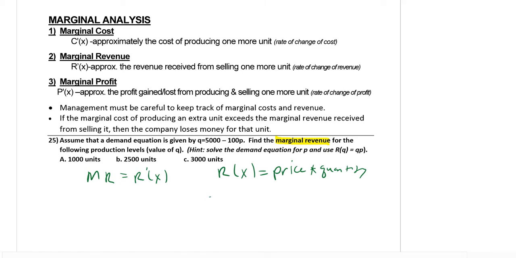It actually gives you a hint in the parentheses. Use R of Q. So Q would be my quantity, P would be my price. So remember when we did this before, we would have taken P times the quantity. So what we need to do is take this demand function that's given to us, and right now it's solved for Q, but that's what I want in my answer. So I need to take that piece and solve it for P.